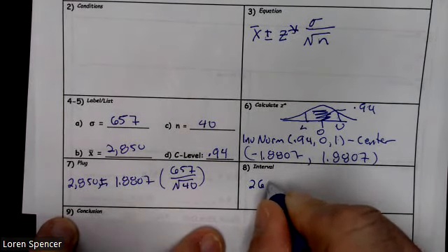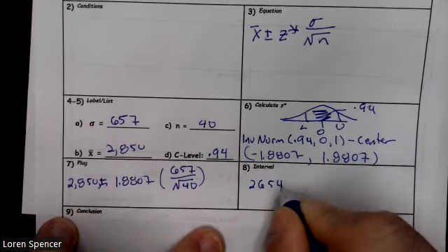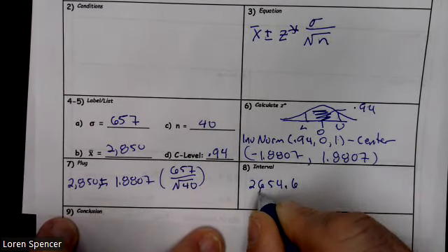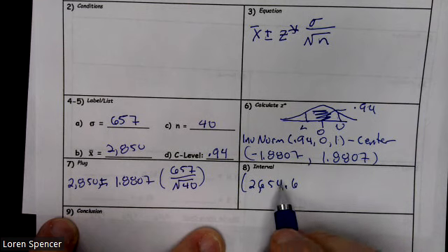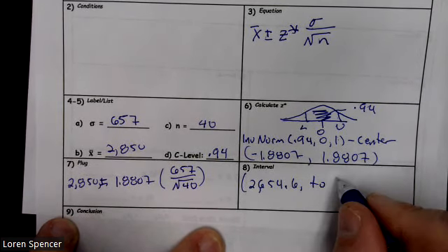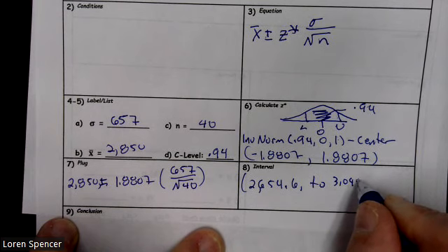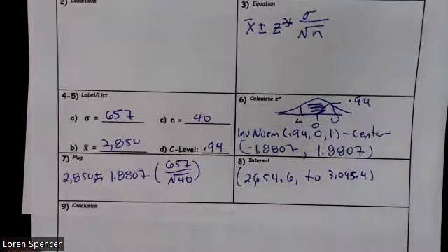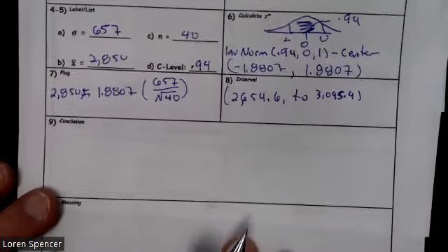So $2,654.60 to $3,045.40. Then we get to write our conclusion.